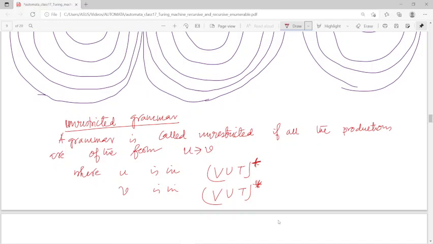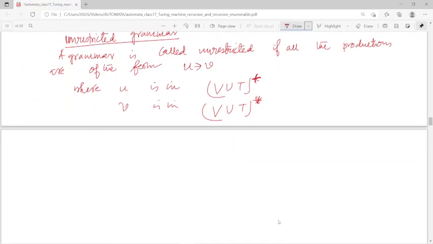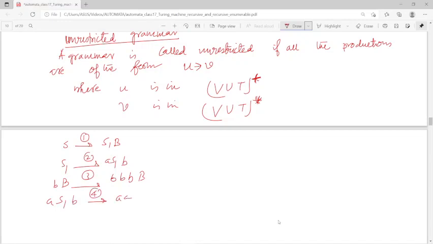And the language with respect to Turing machine is called recursively enumerable, and the corresponding grammar associated with the recursively enumerable language is unrestricted grammar. That means you can see, say, S to S1B, S1 to A S1B, BB to BBBB, like that.